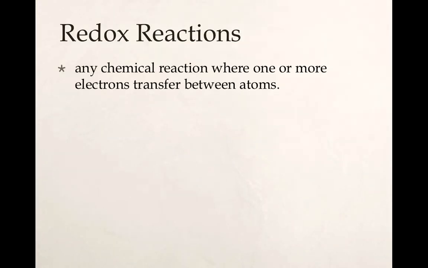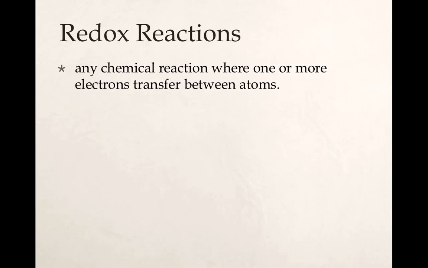A redox reaction is any chemical reaction where one or more electrons transfer between two atoms. So a single replacement, a double replacement, a combustion, all of these can be redox reactions, as long as the electrons are transferring somewhere and moving around.